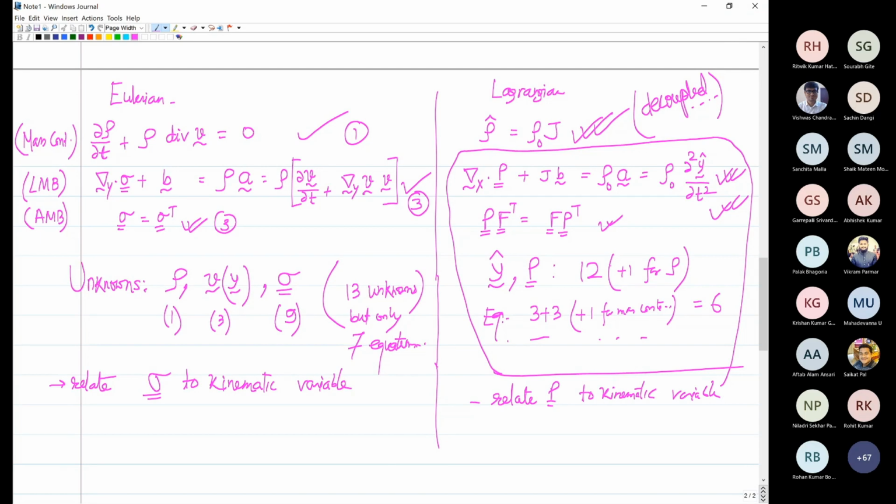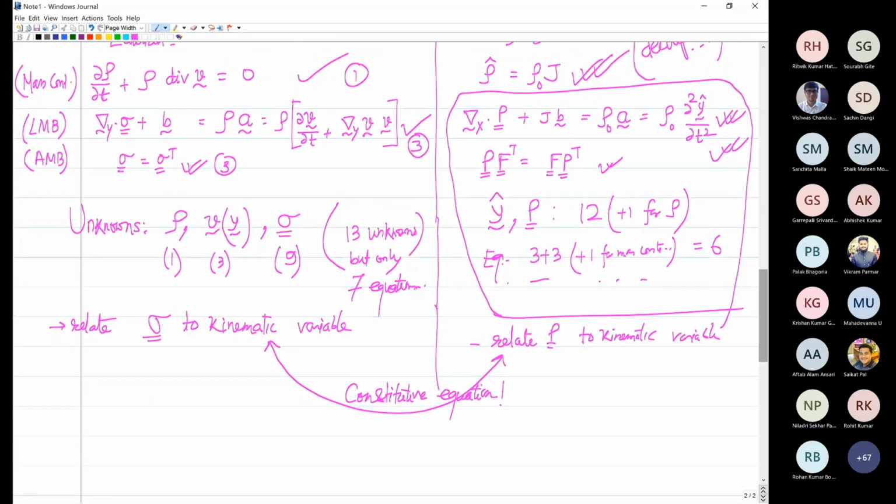Okay, and this relation of relating stress to kinematic variable is called the constitutive equation. The equation that relates them is called the constitutive equation. And this constitutive equation will close the system. Okay. It turns out constitutive equations have to satisfy very good physics, we'll see that in the next several lectures.